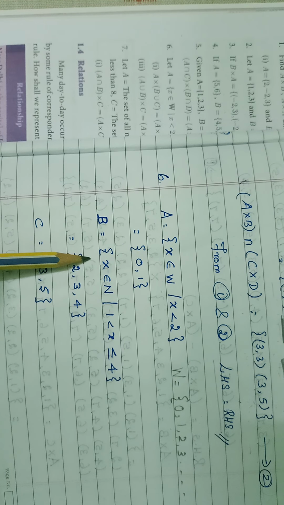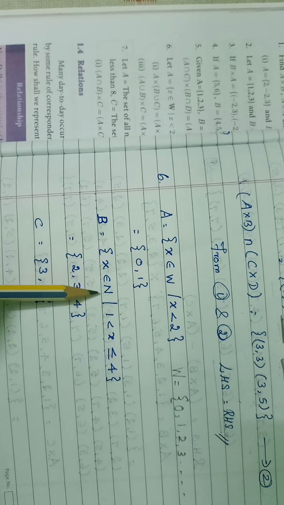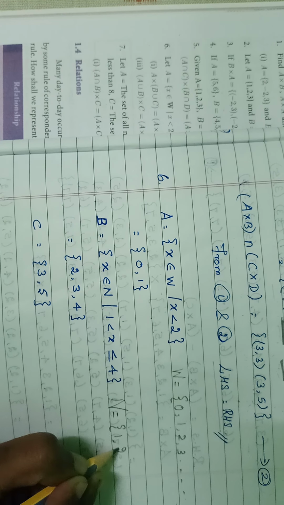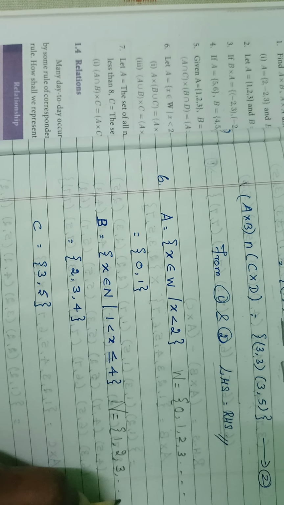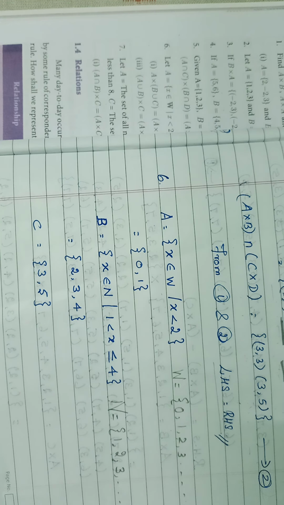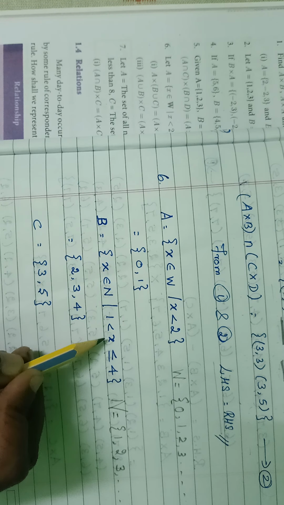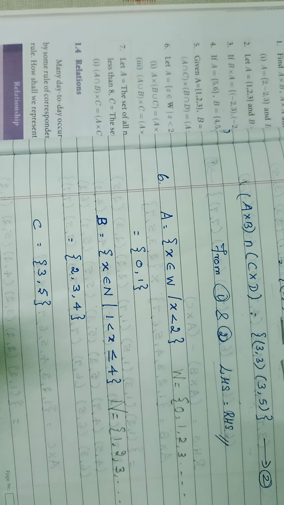Next, B equal to set of x element of n. What is n? N is natural number. That is, natural number begins from 1, 2, 3, etc. Whole number starts from 0 and natural number starts from 1. Such that x greater than 1. What is the condition? X is greater than 1 but it is not equal to 1.